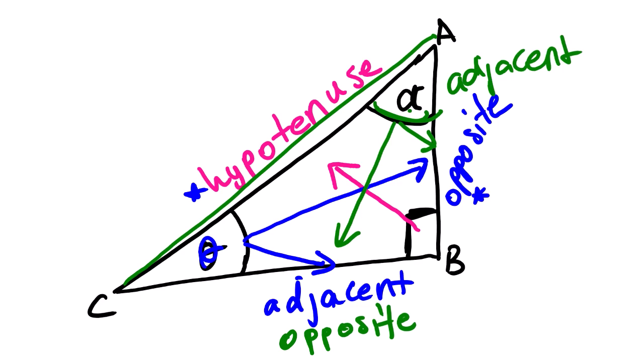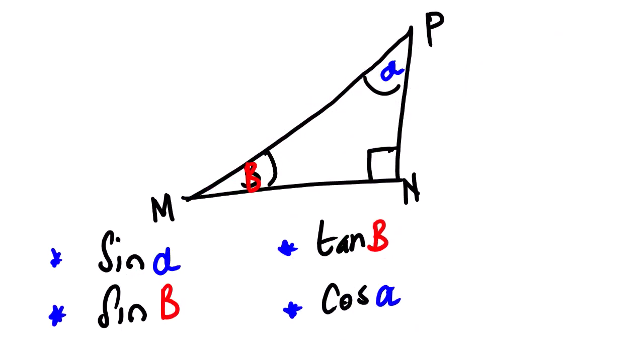Now let us look at the applications of these 3 trig ratios. The question: we need to express these trig ratios using this diagram. Now to analyze the diagram, we can see that this is our 90 degrees, so this will be our hypotenuse.